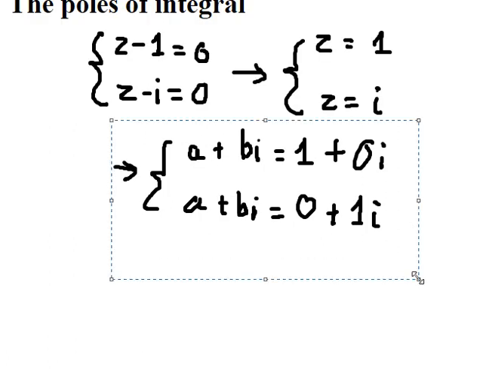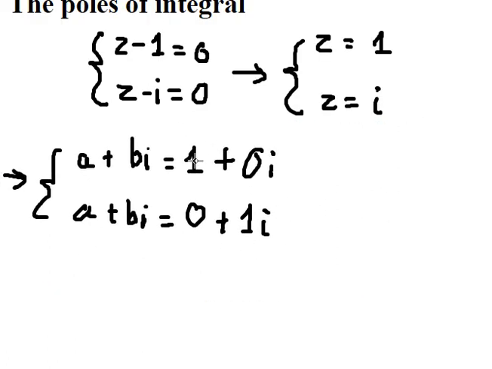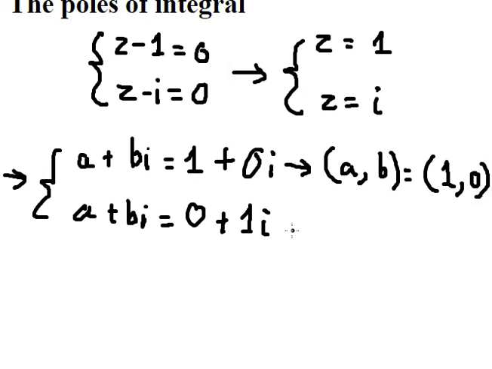After we follow this way, we can see that a equals 1, b equals 0. And the second one, a equals 0, b equals 1.